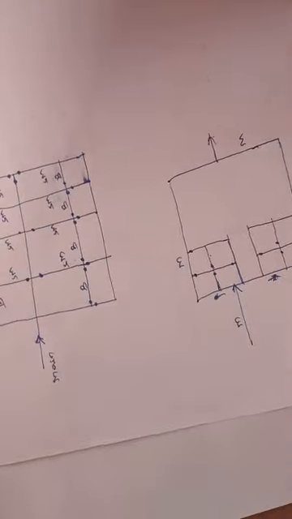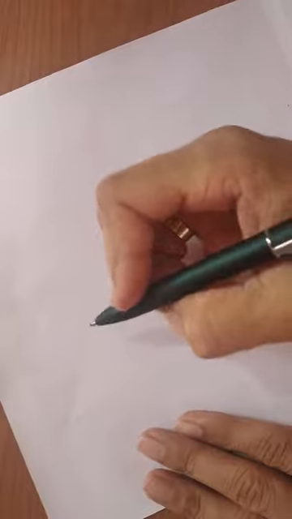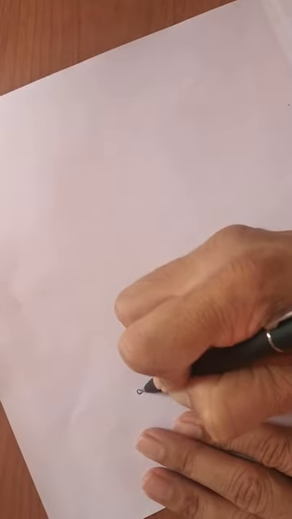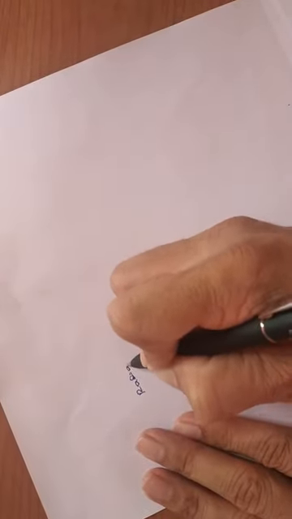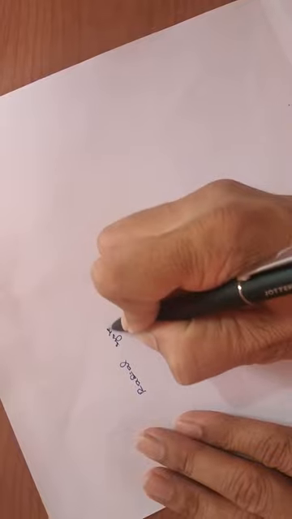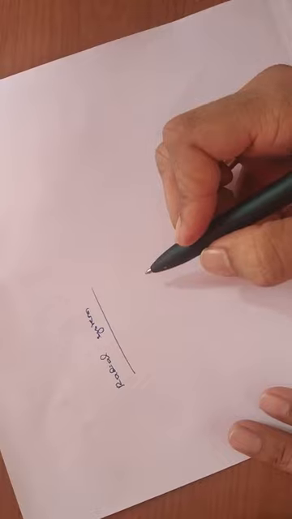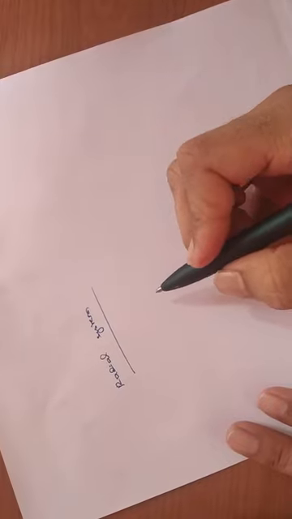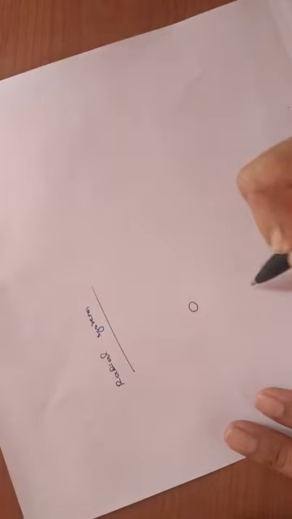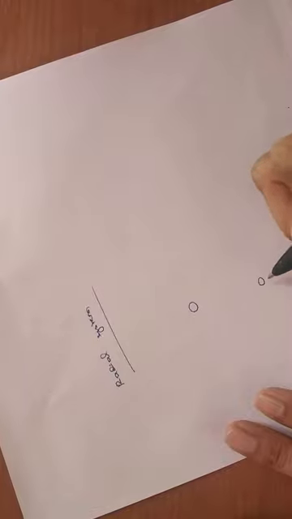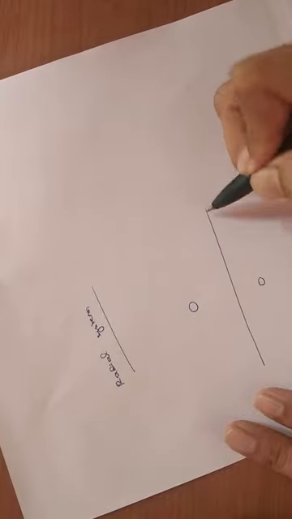Nowadays, we are making use of what is called a radial system. So what is this radial system? Let us consider the main line.